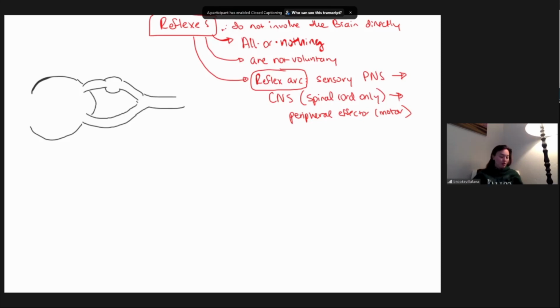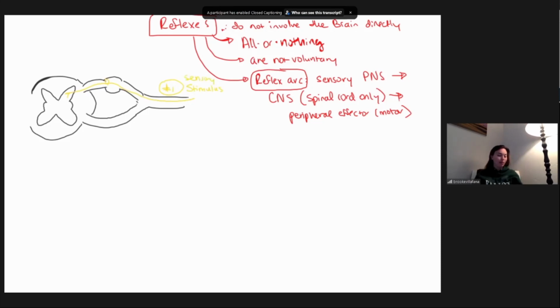Okay, so in a reflex, we have that sensory information come in. That's step one. So step number one, here's my stimulus, the sensory stimulus.